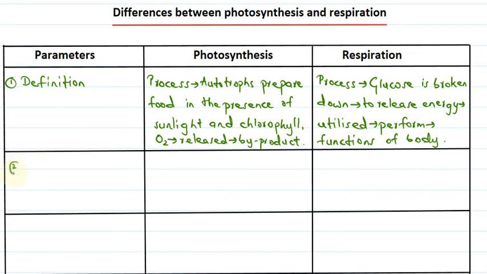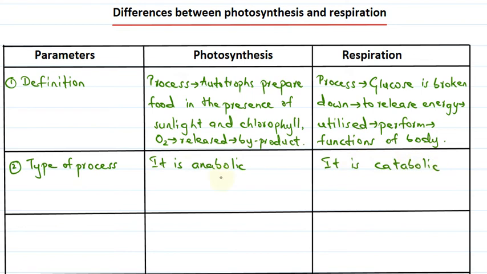Then the second parameter we would discuss here is the type of the process. Photosynthesis is anabolic, whereas respiration is catabolic in nature.